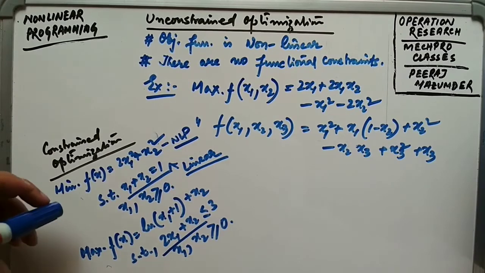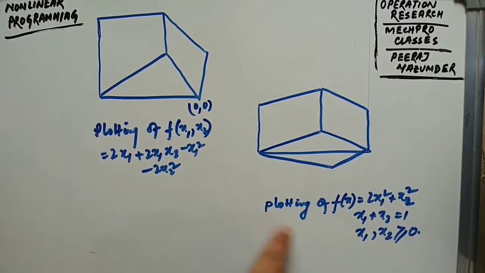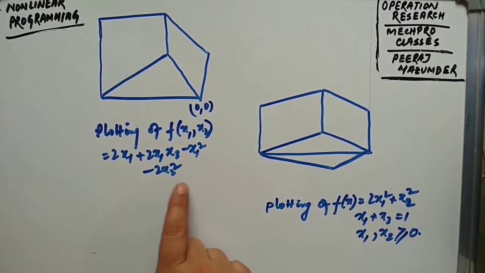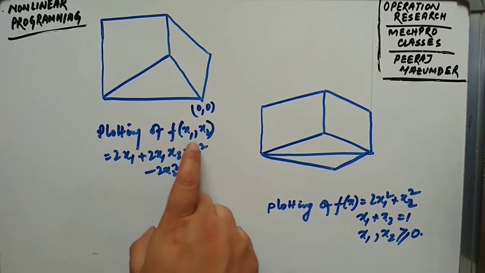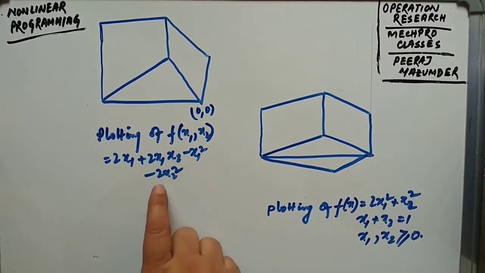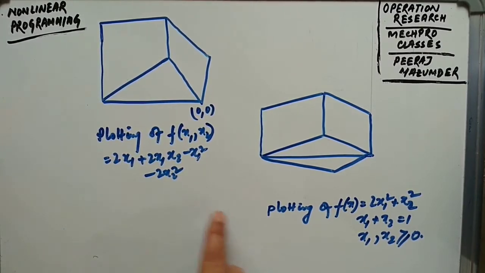A simple idea. So if you plot these two objective functions, one is of unconstrained type. Look, this gives f(x1, x2) equal to 2x1 plus 2x1x2 minus x1 square minus 2x2 square. This is of unconstrained type, and this other one, 2x1 square plus x2 square, is the objective function, and the constraints are of linear type.